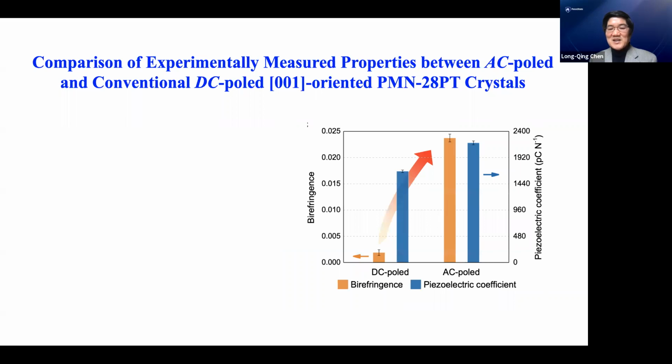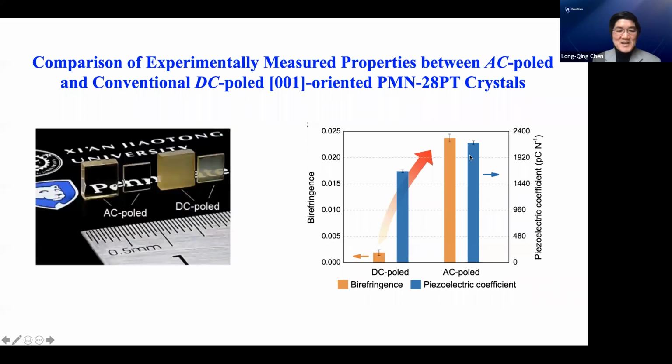And so this is a comparison of birefringence, as well as piezoelectricity, between AC pole and DC pole. So there's a huge enhancement in terms of birefringence, but also a significant improvement in piezoelectric response.